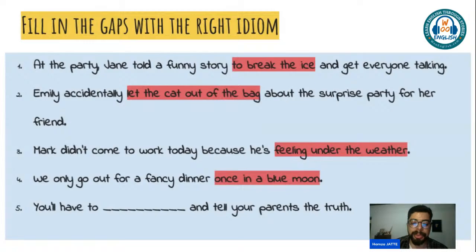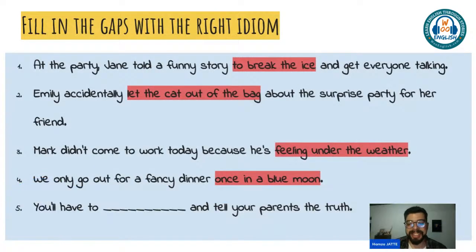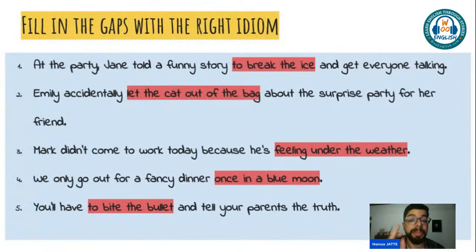So once in a blue moon. And finally, you will have to do something and tell your parents the truth. Spill the beans. I like this one. Spill the beans is also maybe a new idiomatic expression. Bite the bullet. Indeed, it's actually bite the bullet.